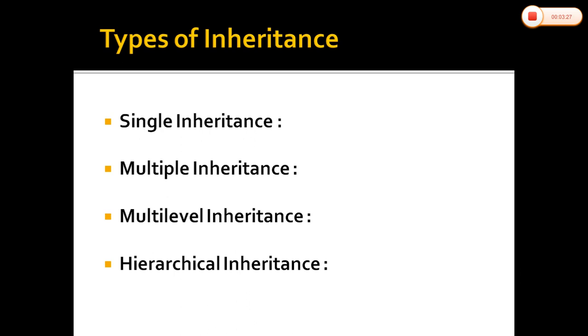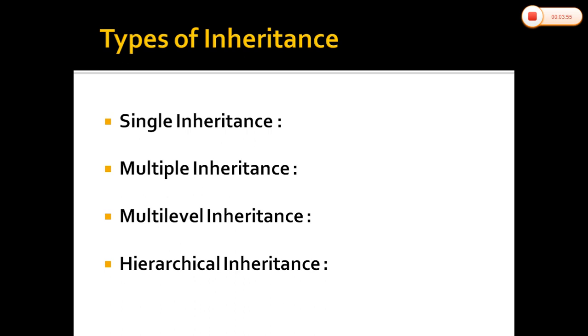Once again I repeat, multiple inheritance is nothing but it contains more than one parent class, where the child class will inherit the methods and properties of the parent classes by declaring the objects of the child class.